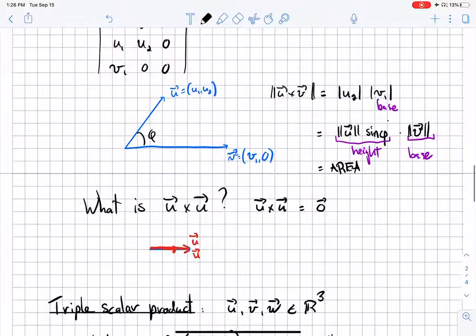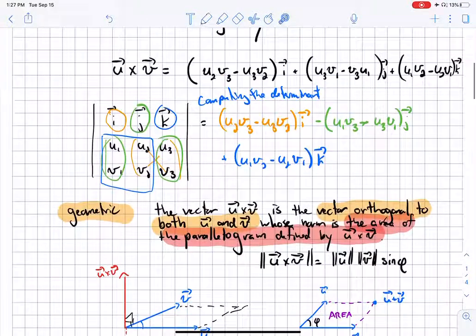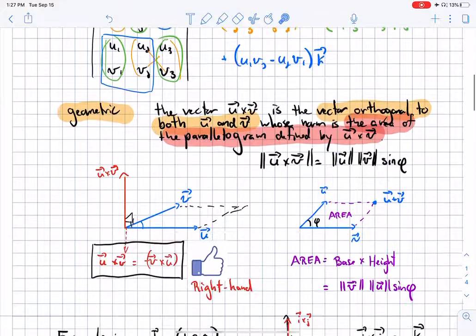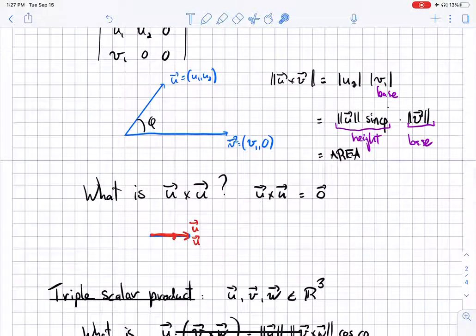You can check that this is true also if I do the cross product in the definition with itself. Well, I don't have U's and V's, I only have U's. So I get U2 U3 minus U3 U2, 0. Same thing here, 0, 0.